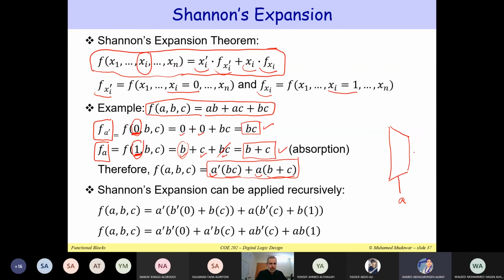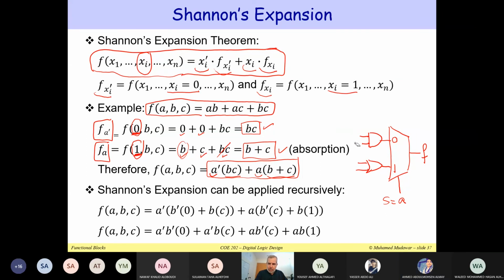Now if I would like to implement this function f using a 2x1 multiplexer, I'm using my select input S equal to a, and here I'm using an AND gate. This is, I'm sorry, not a and b, this is actually b and c.